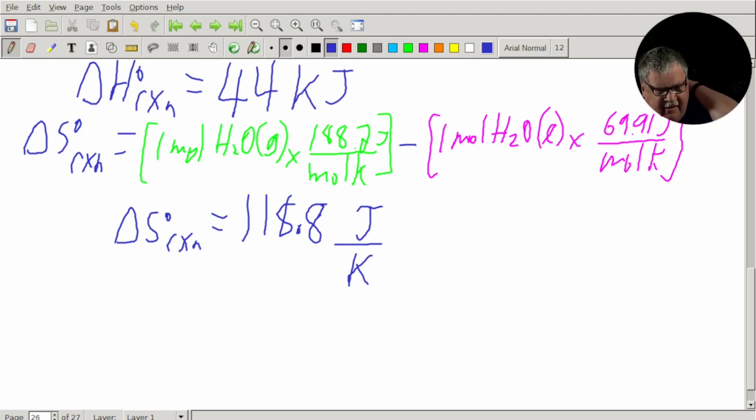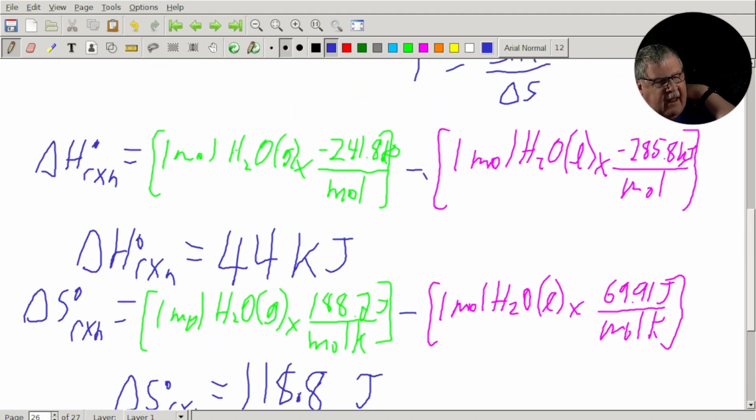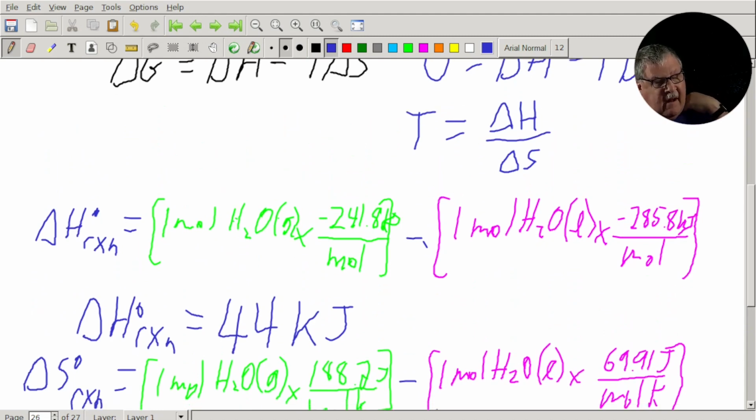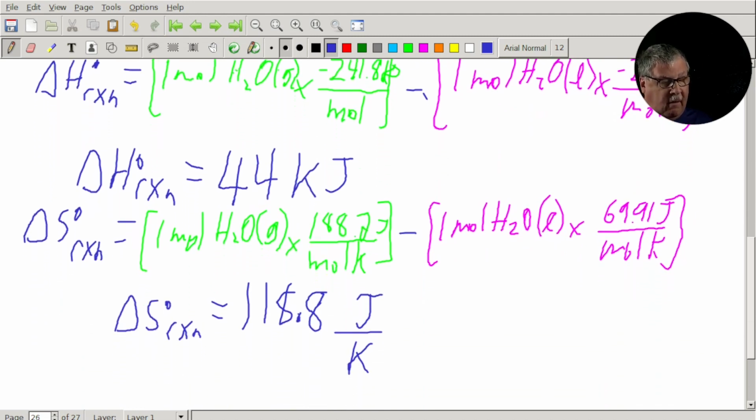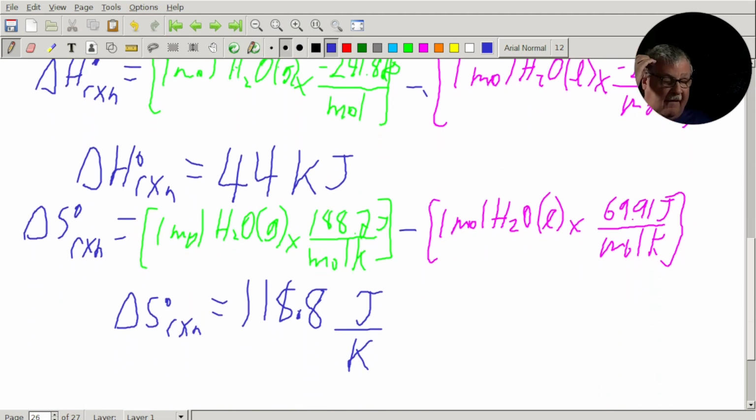Again, we've got to pay attention to that because if we combine these two numbers together using this equation up here at the top, then either we have to change the delta H into joules or we have to change the delta S into kilojoules per Kelvin. We can't just divide one by the other here because we won't get the right answer if we do. So which are we going to do?